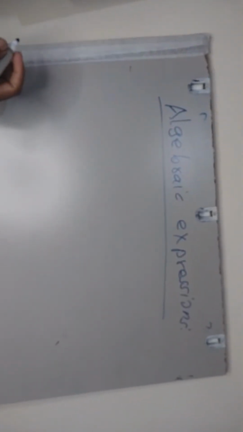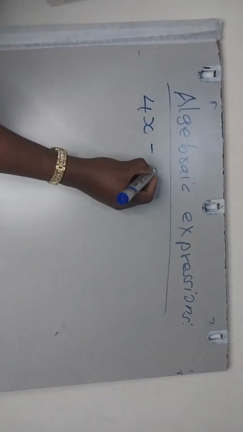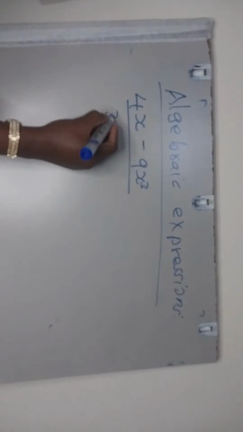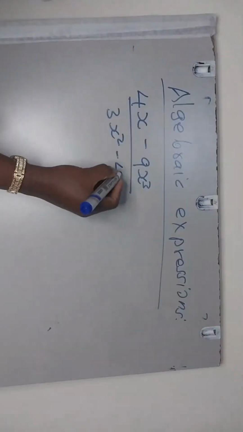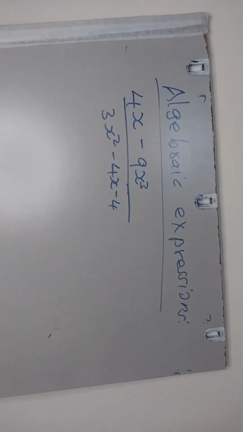The year 2010 says (4x minus 9x cubed) all over (3x squared minus 4x minus 4), for 3 marks.